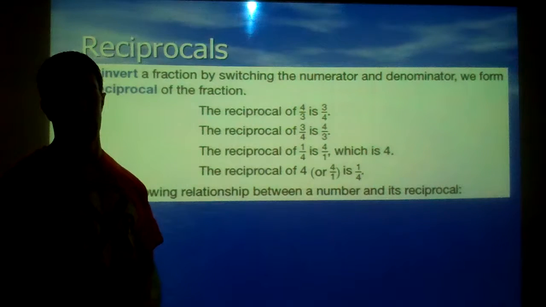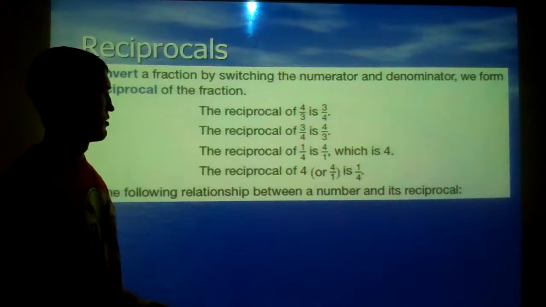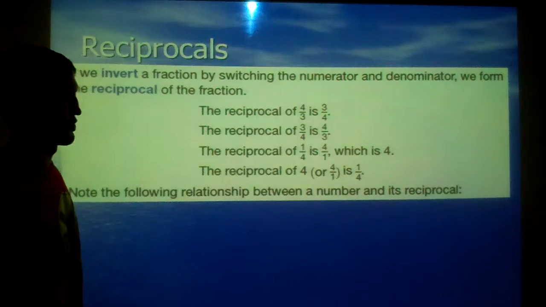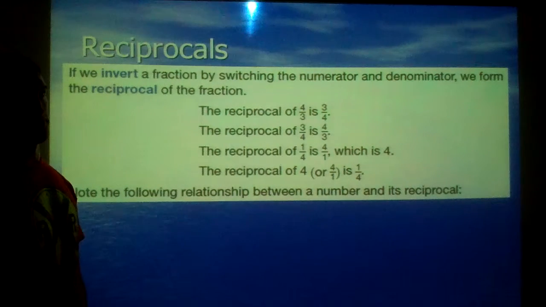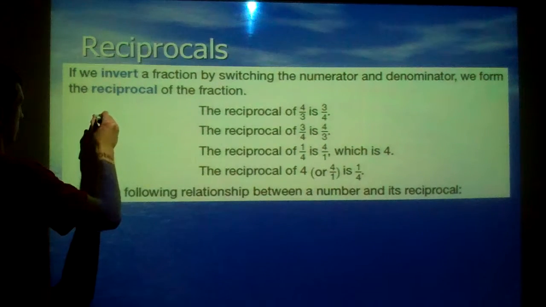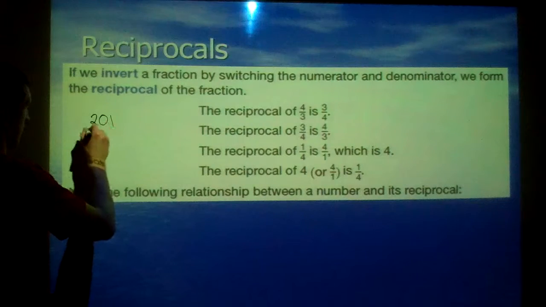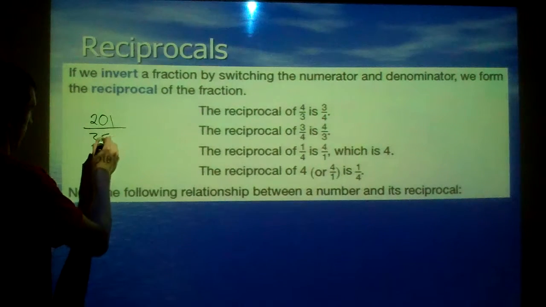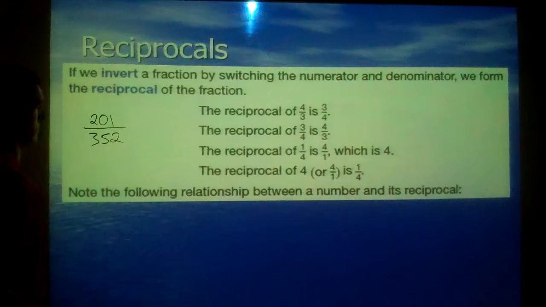So basically all we're doing is flipping the fraction around. I had the students give me any fraction, and they'd give me some crazy numbers, like 201 all over 352. Okay?